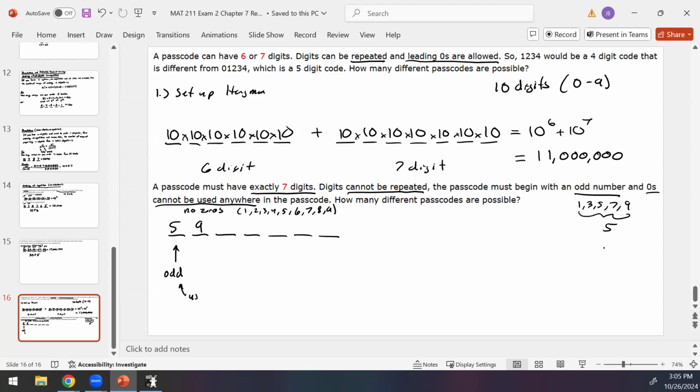So this one has already been used and you cannot repeat. So you actually are down to 8. Okay. You can't use 0 and you can't use the first number. So let's write that down. No 0 and not the first number. So that one actually starts at 8 instead. And then now I just go down by 1 because now I just can't use the previous one.